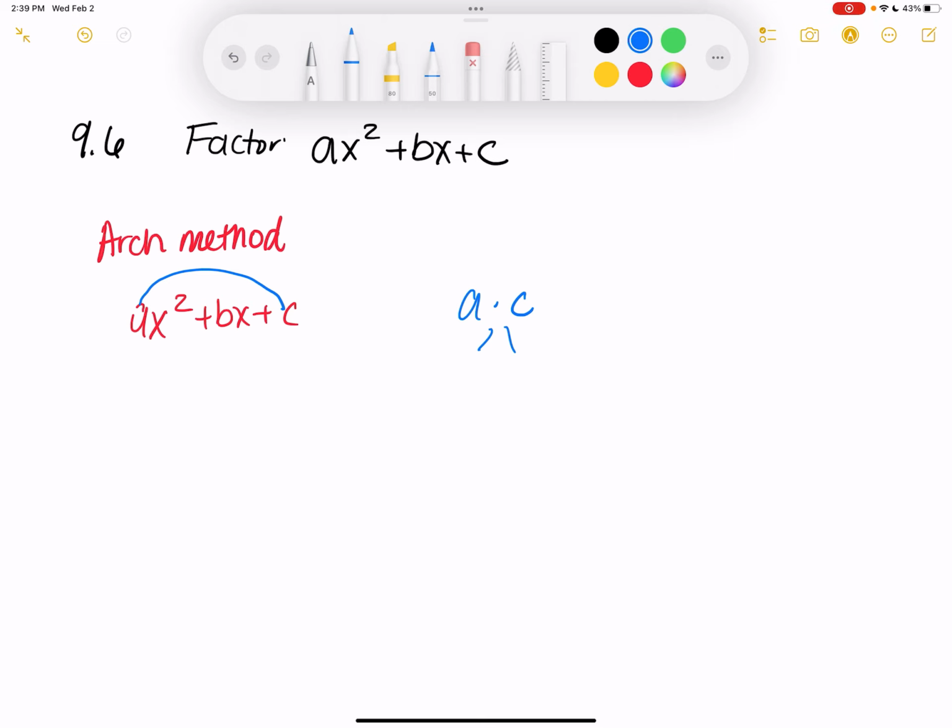Okay, so now instead of just looking at c, when I'm deciding what my factors are, I'm looking at a times c. So I'm looking at whatever number's in front times c. Okay.